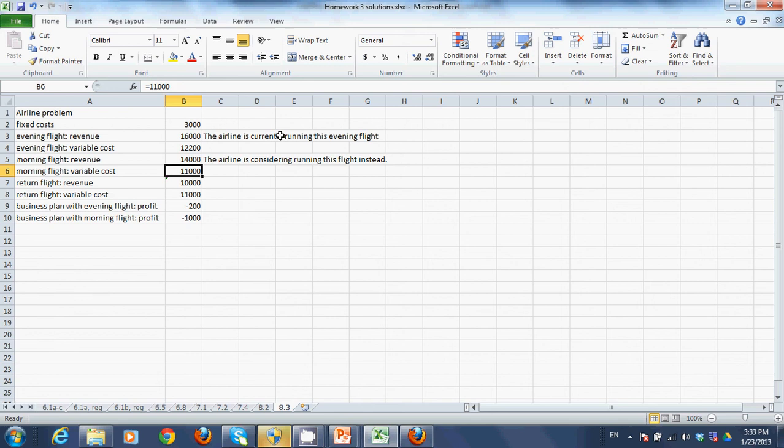So, business plan with the evening flight, what we do is we basically take everything, well, most things in that list get added up somewhere, except for the morning flight one. So we say B3, evening flight revenue, plus the return flight revenue, B7, minus all your costs. So we're calculating profits, that means we're calculating revenues minus costs.